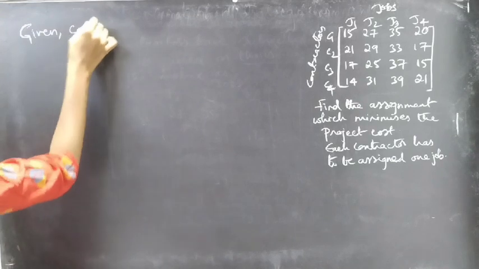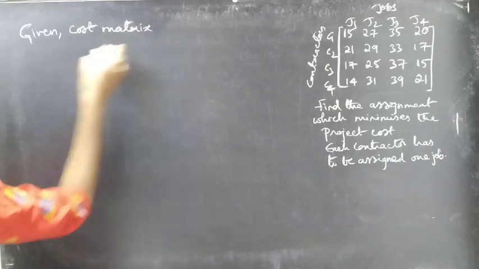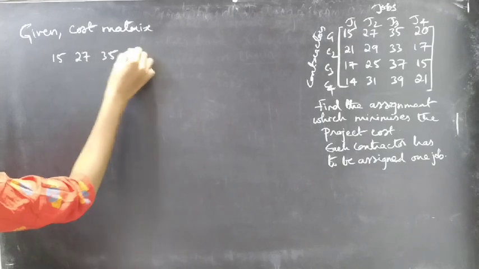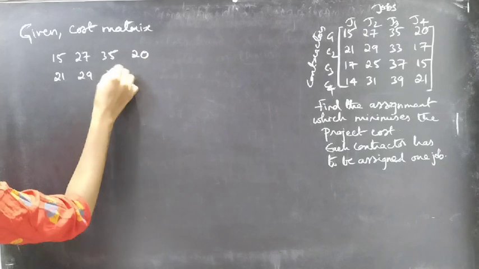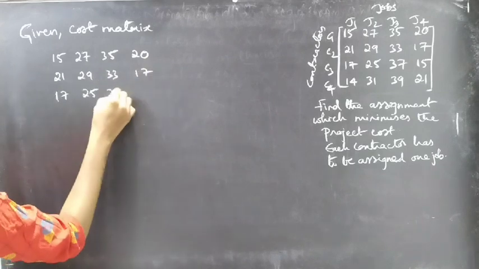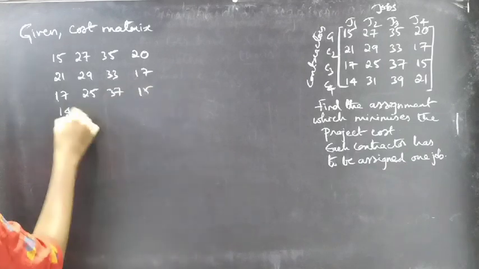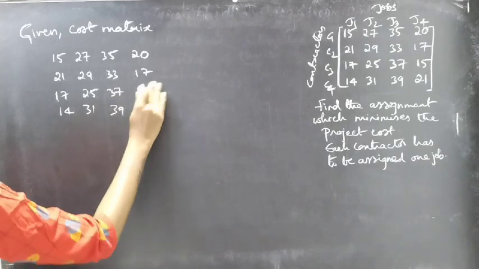Given cost matrix: 15, 27, 35, 20; 21, 29, 33, 17; 17, 25, 37, 15; 14, 31, 39, 21.